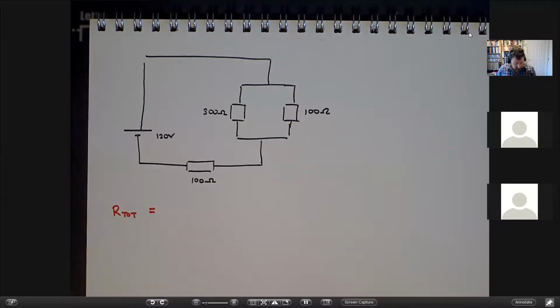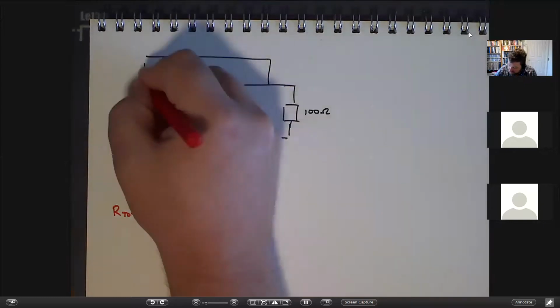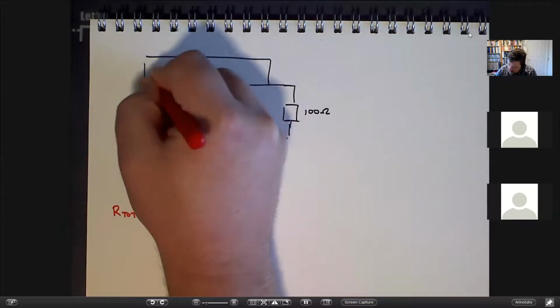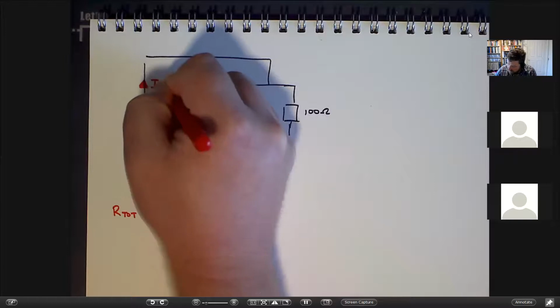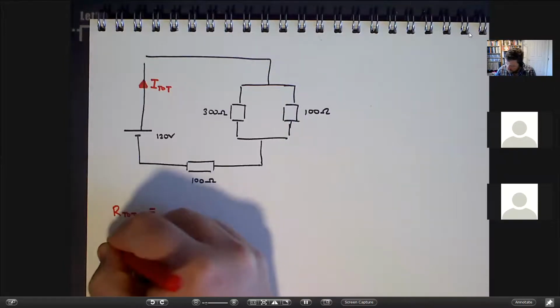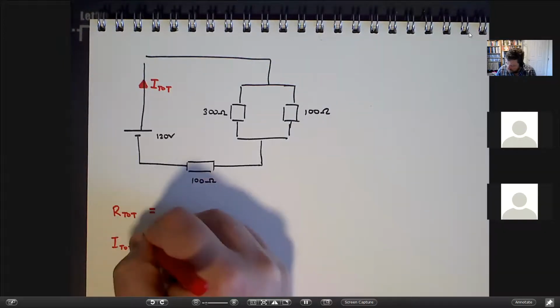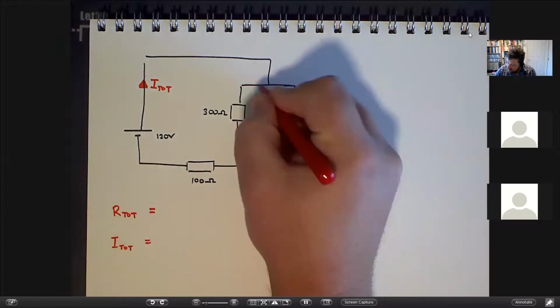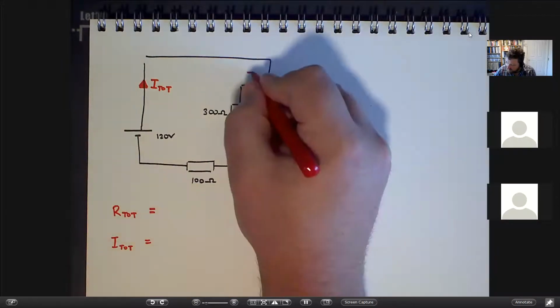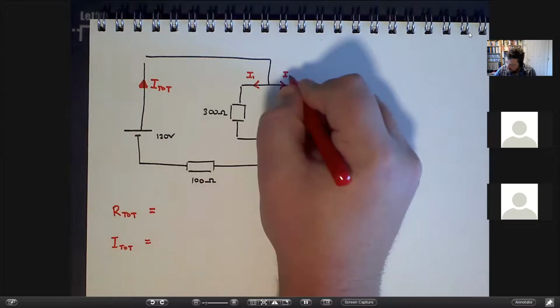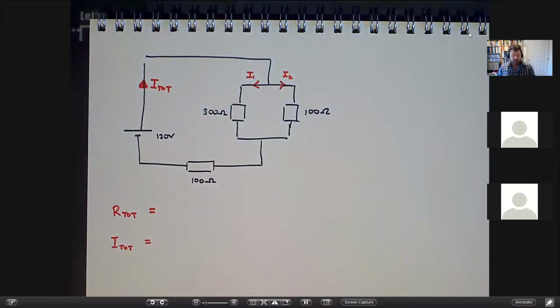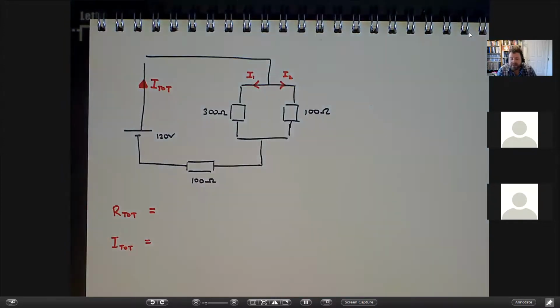That's going to let us work out the total current, so I'll get you to also work out that one for me, please. That's the current that we're going to be splitting into, let's call them I1 and I2. I'm going to give you 4 minutes to do that.